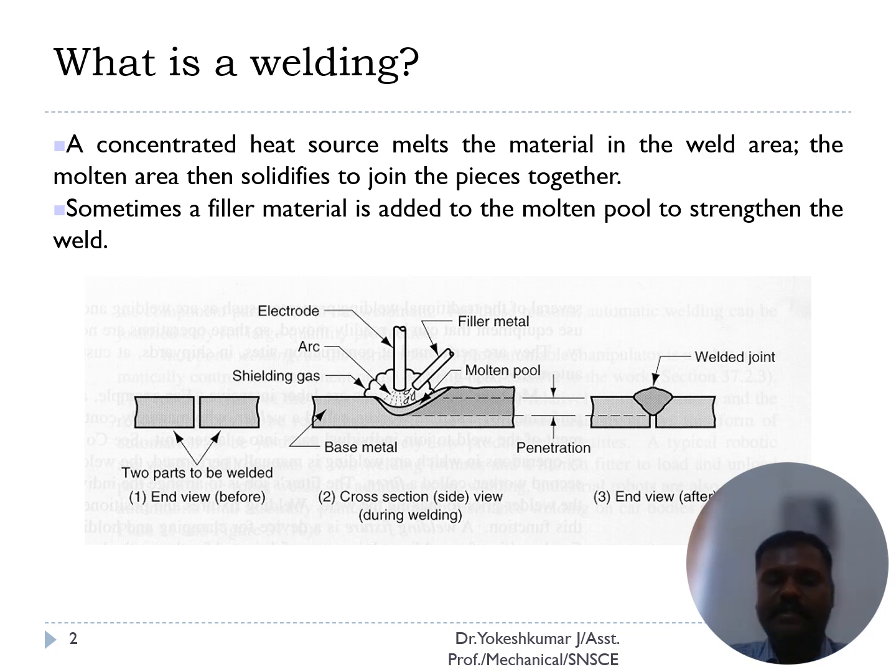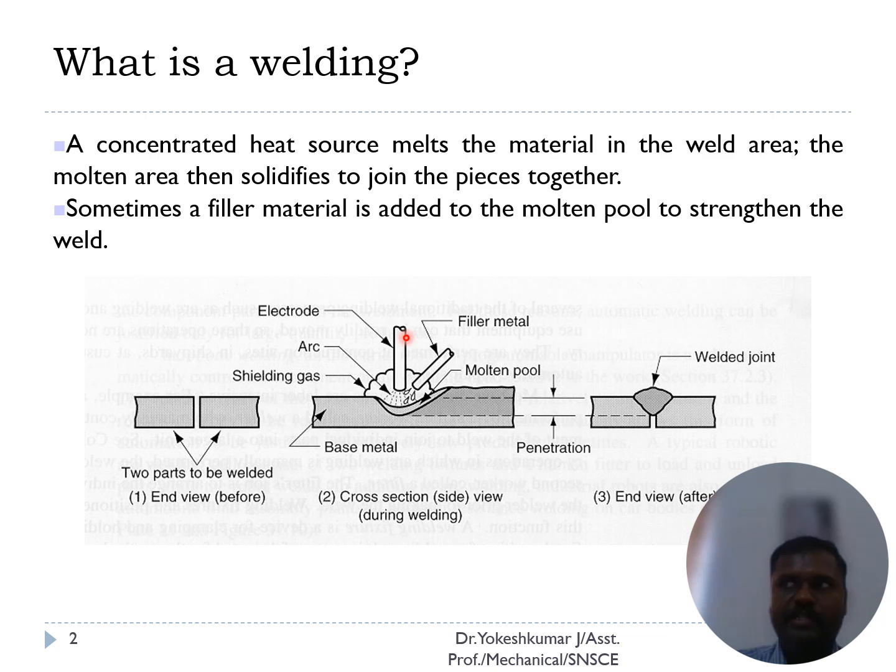Here this diagram explains how the welding process takes place. We have an electrode connected to a power source, normally a DC or AC power source. This power source is used to strike the molten metal.